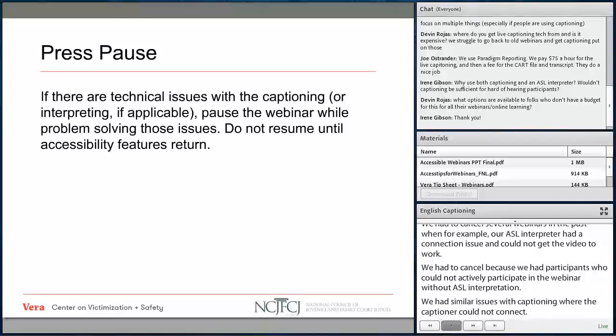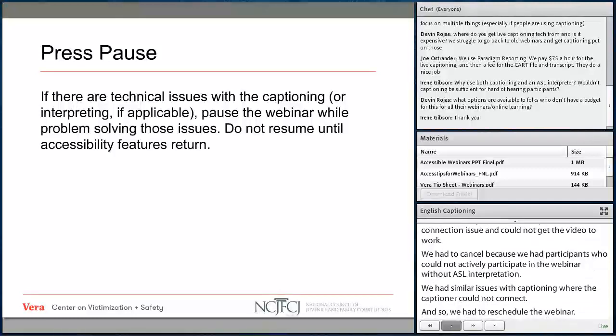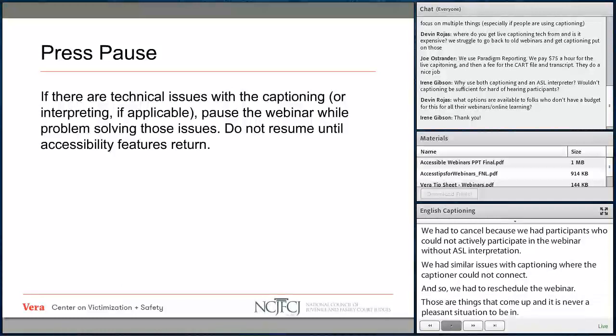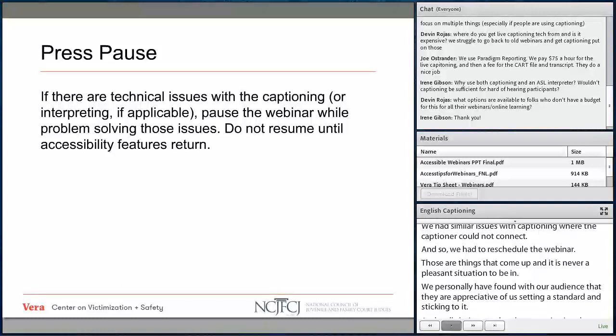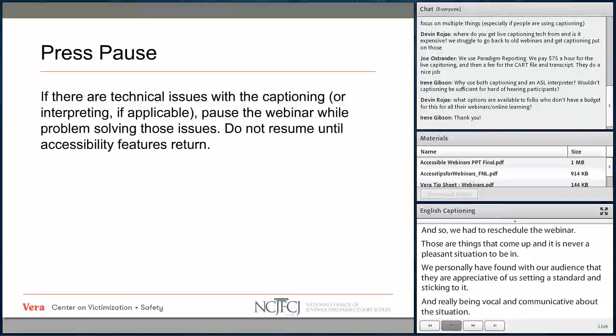We personally have found with our audience that they are appreciative of us setting a standard and sticking to it, and really being vocal and communicative about the situation. If we are experiencing technical difficulties, we'll usually put a note on the screen so that individuals know what's going on.